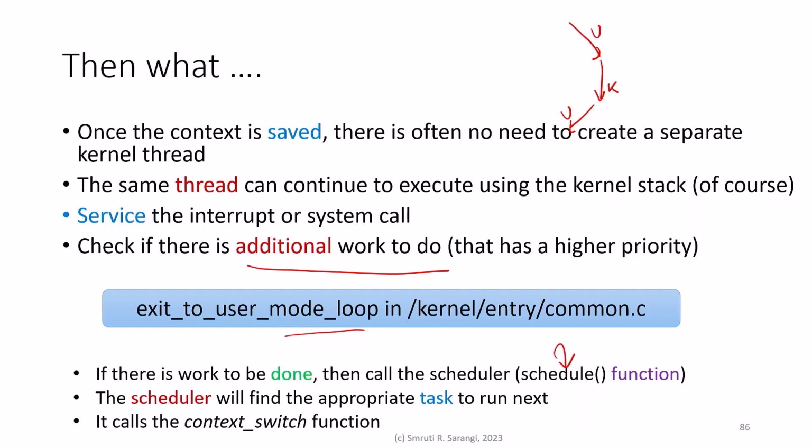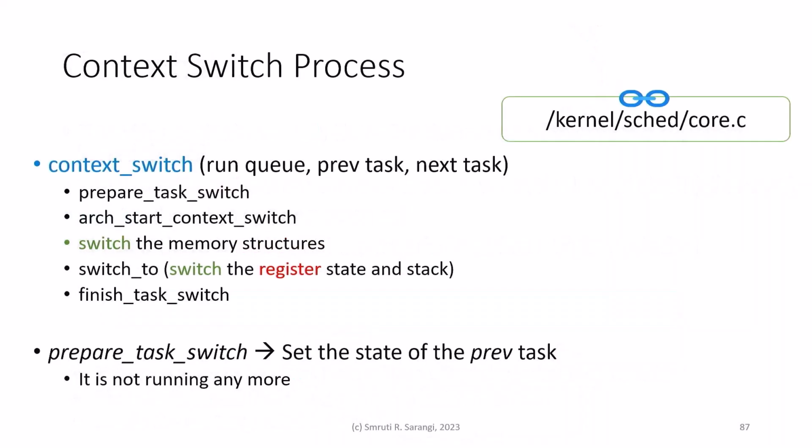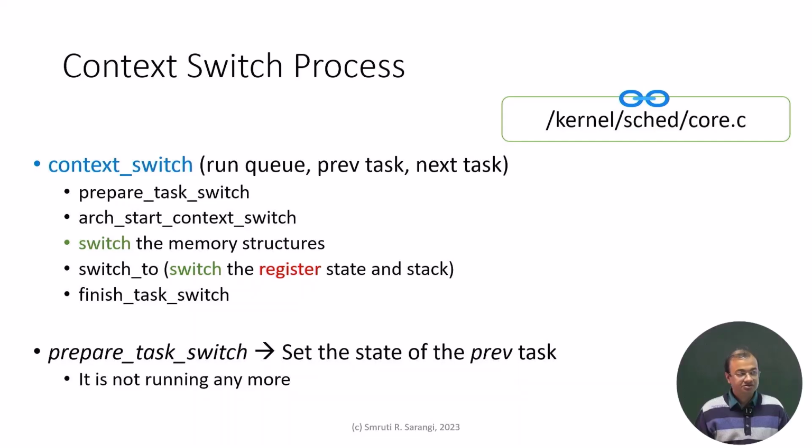But the kernel may say that one process has been running forever, so fairness is needed. Fairness is also important in a system. You can't continue to run the same process. So the kernel calls the context switch function if it feels that there is other pending work of potentially a higher priority.